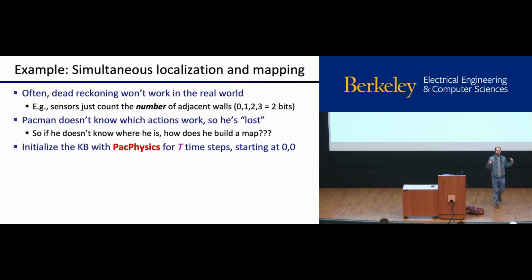And then I moved south. I wasn't blocked to the south. I'm in a new location now, and now I'm perceiving 3 walls. I didn't have any text associated with that example, so sorry if you got a little lost in it. But if you did follow it, that's an example of how you can still put these facts together and learn things about both what the map is and where you are.